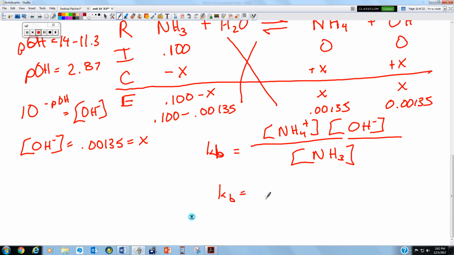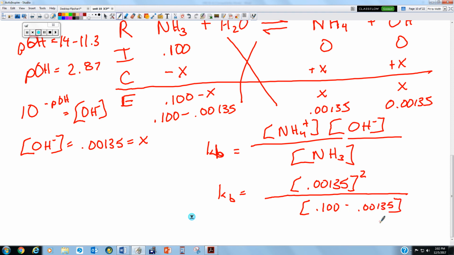So setting it up, we have 0.00135 squared over 0.100 minus 0.00135. Solve for Kb.